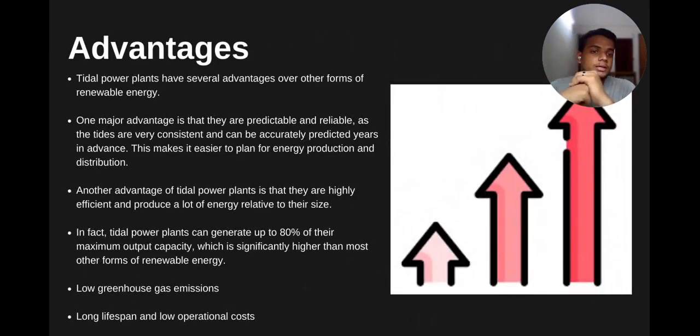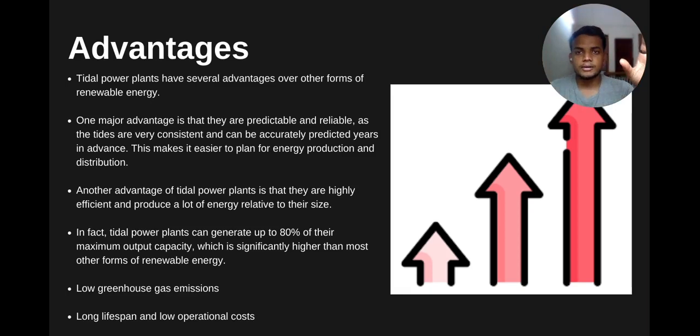Now, moving on to the advantages. We have explored the basics of how it functions and its applications and the principle behind its functioning. So now let's dive into its advantages. Tidal power plants have several advantages over other forms of renewable energy. One major advantage is its predictability and reliability.